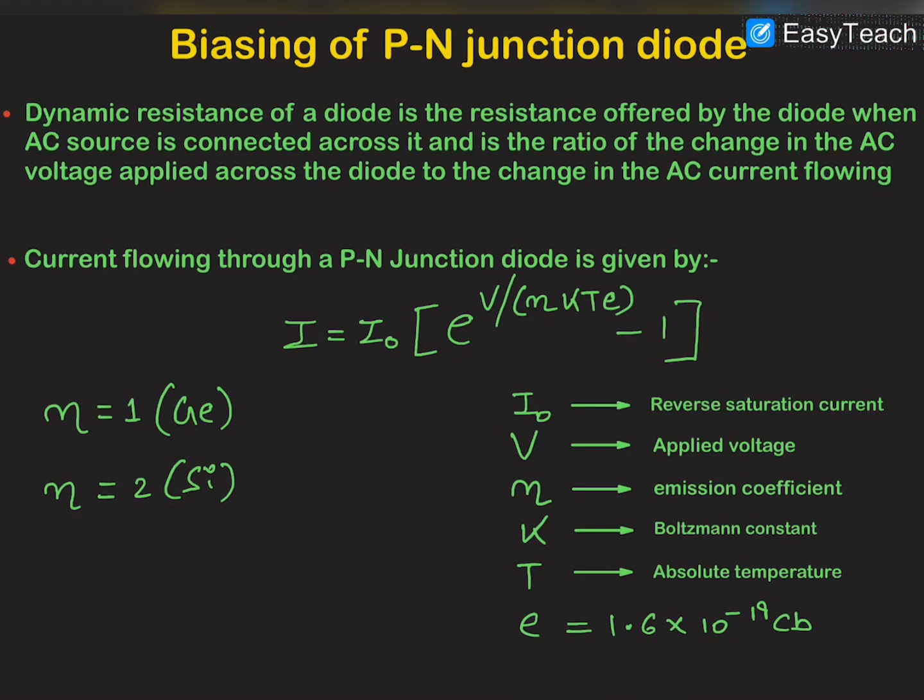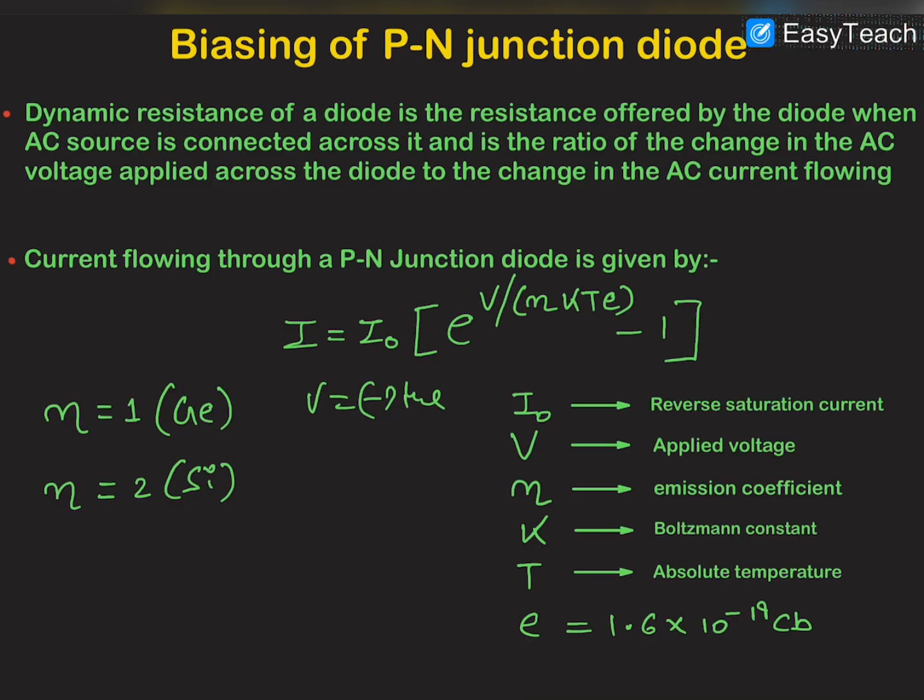Now we will also be discussing the current in reverse and forward biasing. So let us discuss this current in detail. We know that in reverse biasing, V is negative because it is the reverse bias voltage, and the value of V is very high.